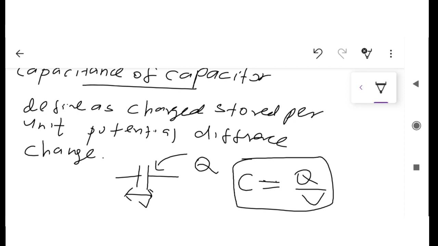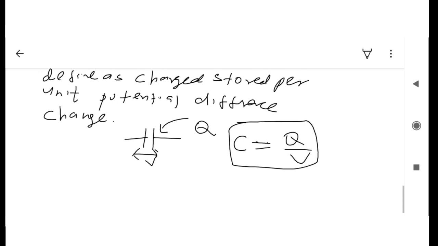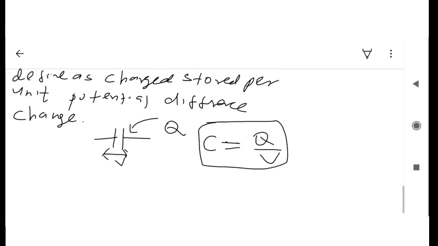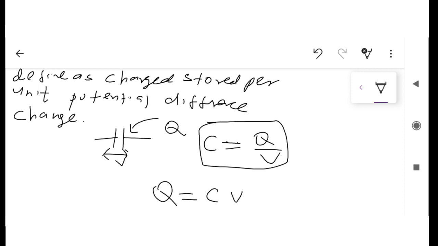Then we can rewrite this formula like this: Q equals CV. This is the main formula that we have to apply in the capacitors.